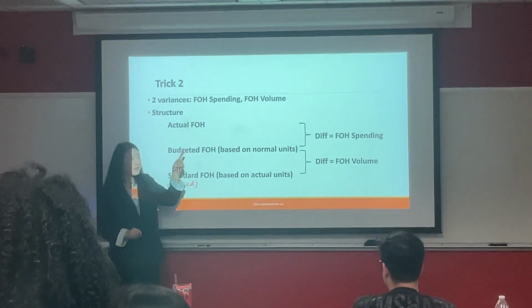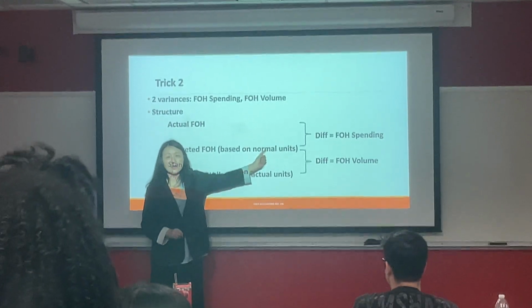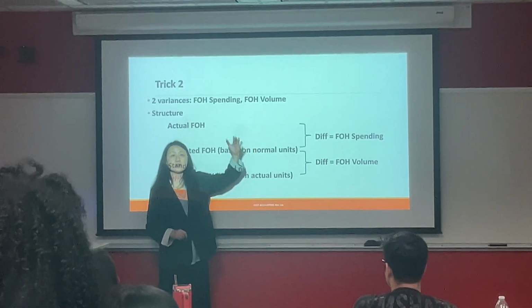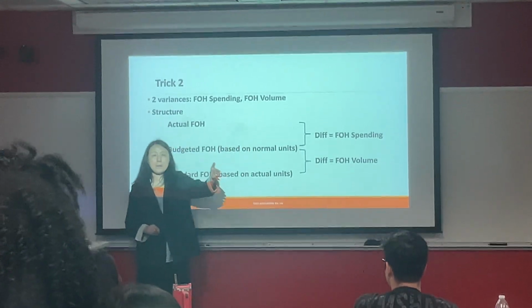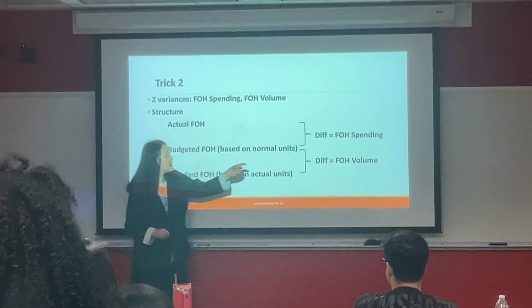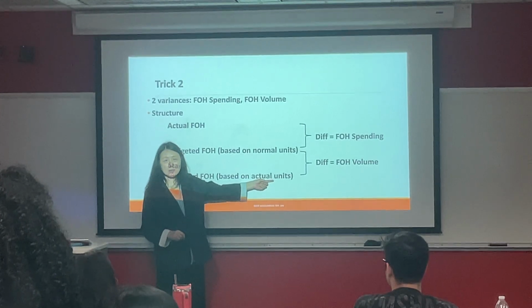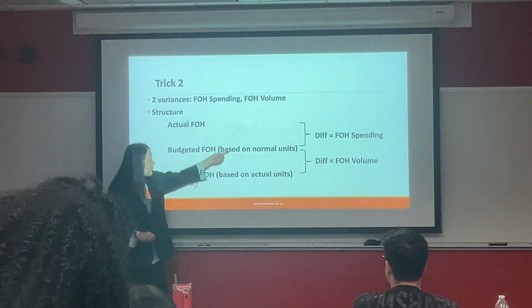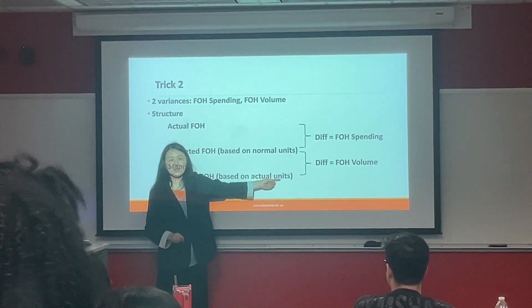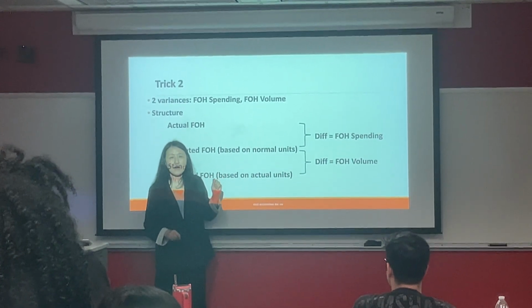The key thing is the budgeted overhead is always based on some projected number. So on January 1st, how many units you think you are going to produce and sell. That's the normal unit. Then you will have an actual unit. So the difference between the budgeted and the standard is all about the units. You have to make sure you have that information in your calculation.